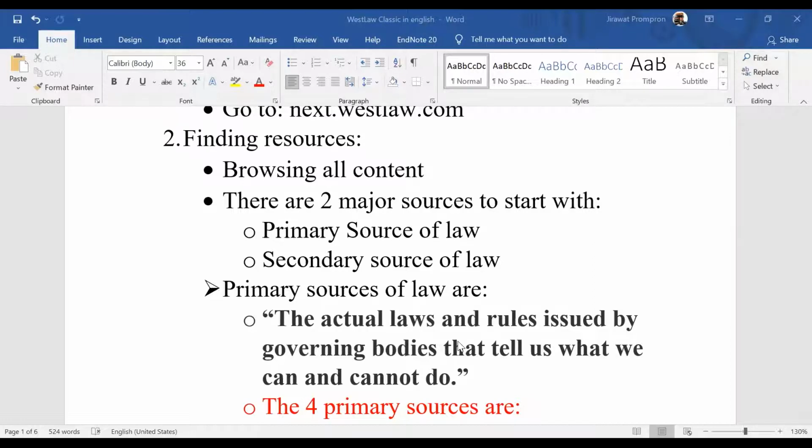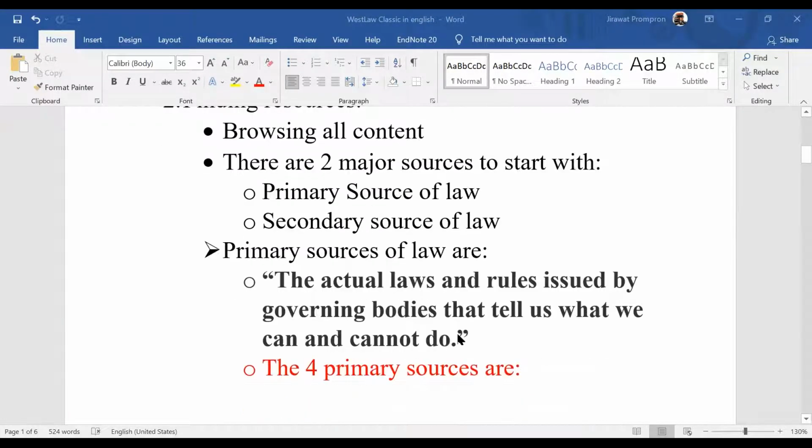So when you do legal research, there are only two things you have to think about. You are looking for the primary source of law, or you are looking for the secondary source of law. Just two major things you have to decide. So I give you the definition of the primary source of law first.